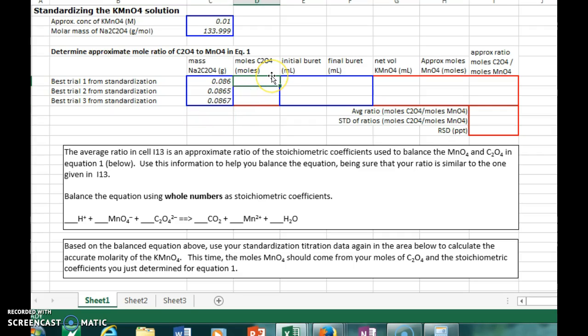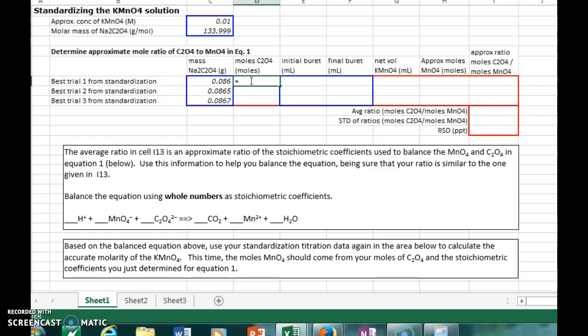Okay, now moles of oxalate, you're going to take your mass, you're going to divide it by your molar mass, and how many moles of oxalate are in 1 mole of sodium oxalate? It's 1 to 1. So once you do your mass divided by your molar mass, you're all set.